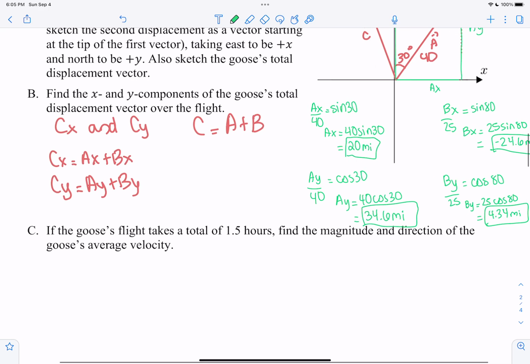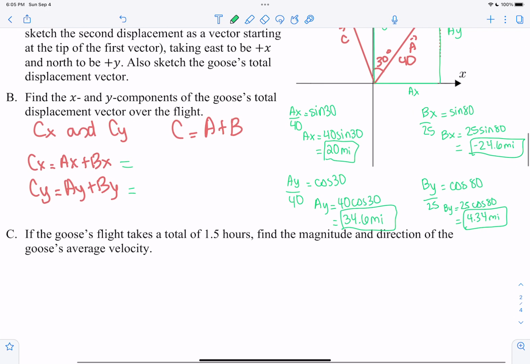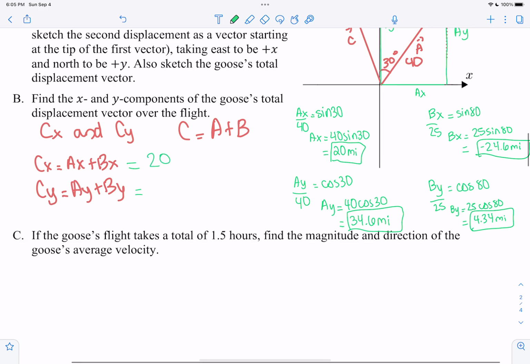Okay, cool. So we have ax, bx, ay, by. So then this is just a matter of adding things together. So ax plus bx, 20 miles plus negative 24.6 miles, and then ay plus by, so 34.6 miles plus 4.34 miles.